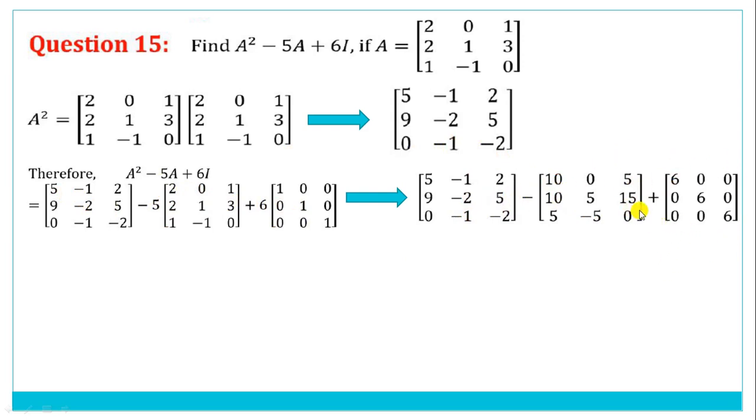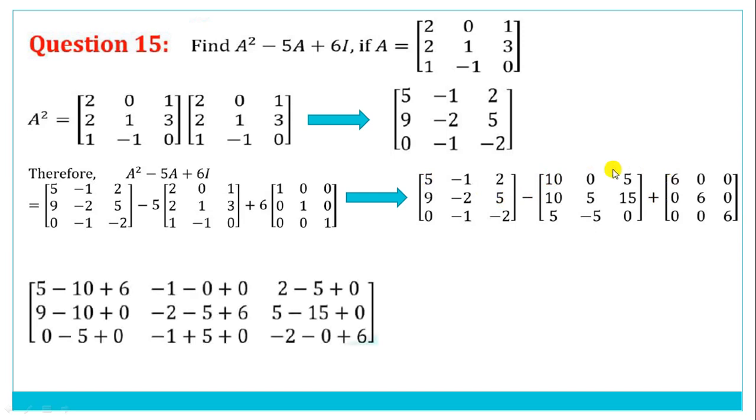Since all the matrices are of the order 3 by 3, we can easily add or subtract their corresponding elements. So we will get 5 minus 10 plus 6, something like this, minus 1 minus 0 plus 0, 2 minus 5 plus 0, just adding and subtracting corresponding elements. 9 minus 10 plus 0, minus 2 minus 5 plus 6, and so on.